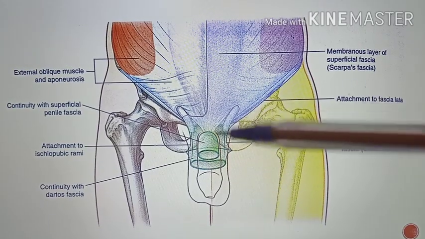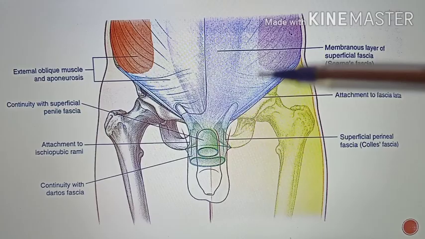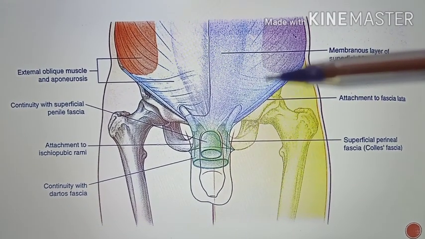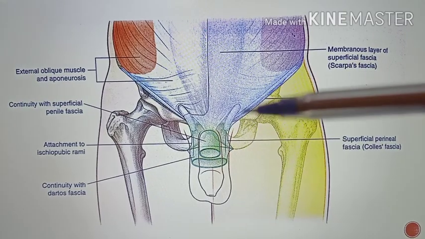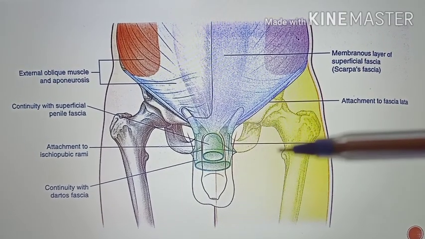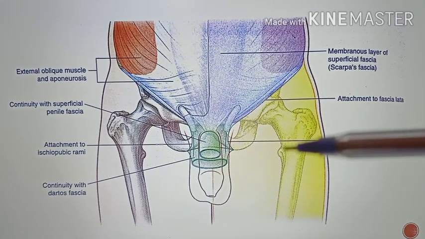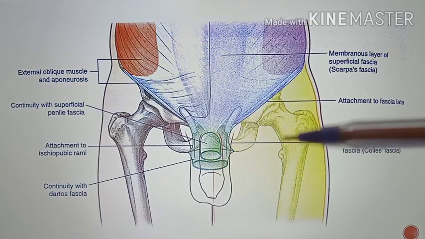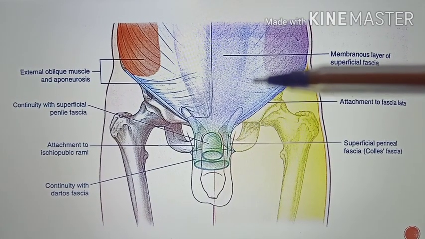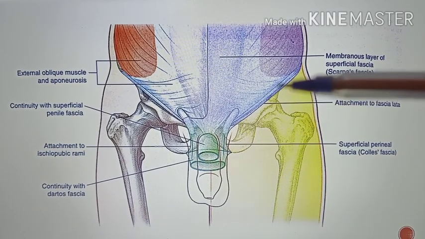Below the inguinal ligament you can see the deep layer of superficial fascia, the Scarpa's fascia, getting attached. On the thigh, the fascia present is called the fascia lata, L-A-T-A.